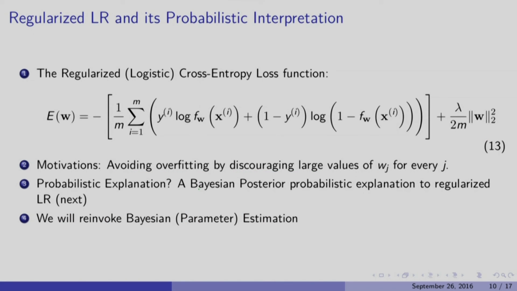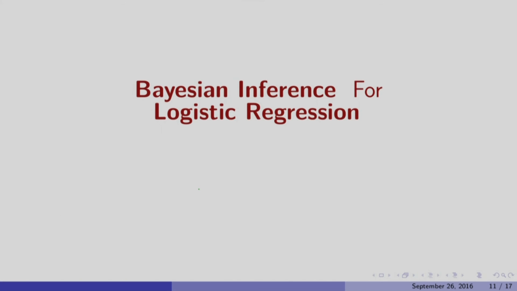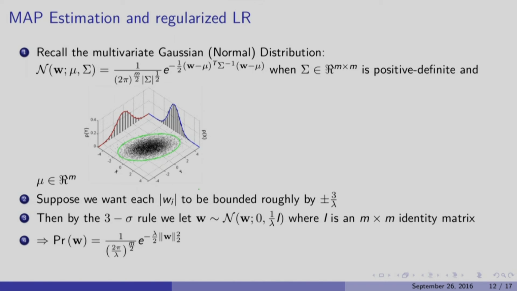So we will reinvoke Bayesian parameter estimation a little systematically to show this equivalence. So the regularizer is all because of Bayesian inference applied to logistic regression. So the prior, as we have already motivated, is assuming multivariate normal distribution for W, and we basically make use of the 3 sigma rule, which basically says that each Wi is approximately upper bounded by 3 divided by square root lambda.